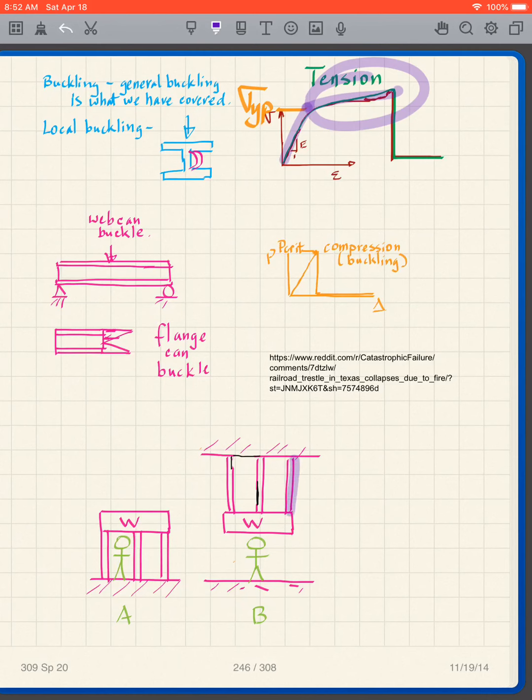So yes, you may get extra deformation in this member, but there's still a lot of resistance remaining. So the tensile type failures tend not to be as progressive, because you have all this extra remaining.